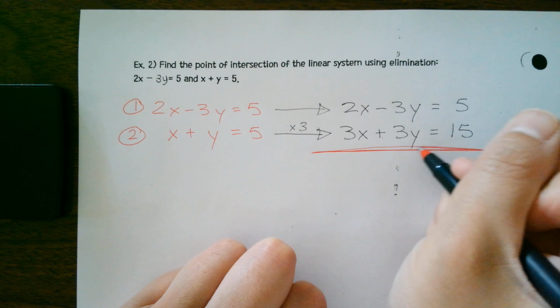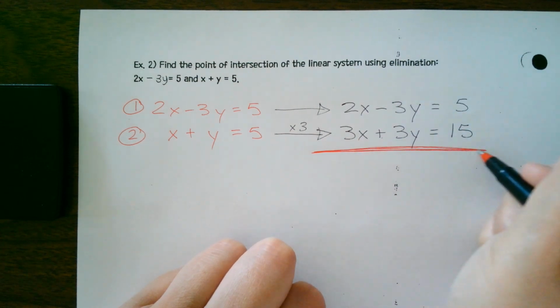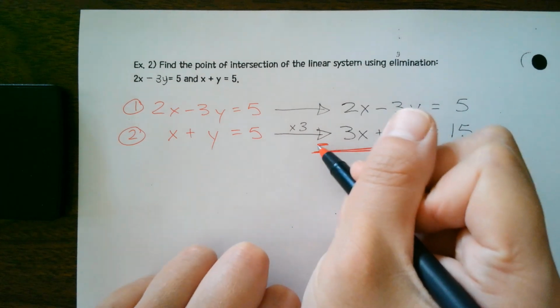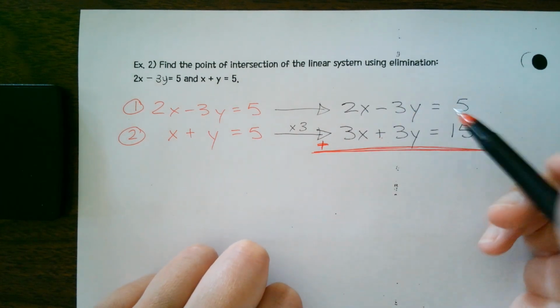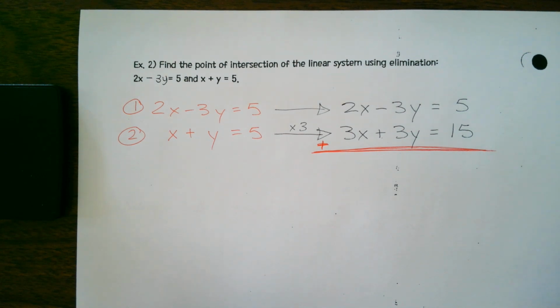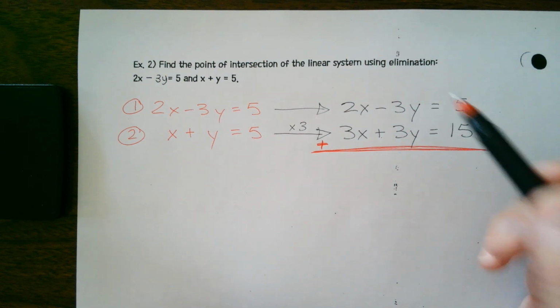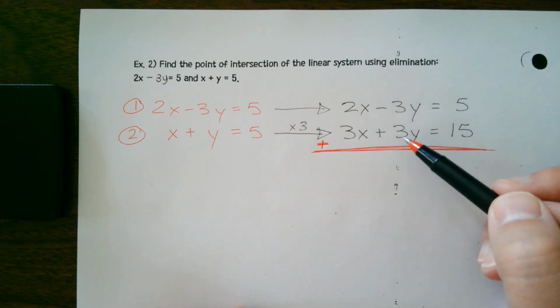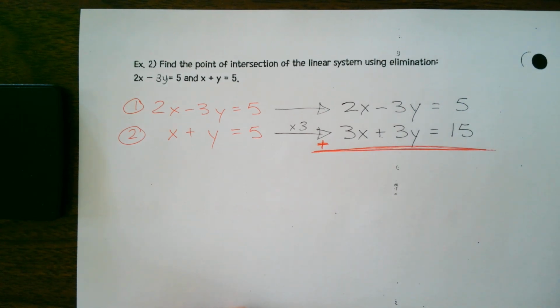So can I add or subtract to eliminate the y's? Yeah. By adding. That's right. If I add the two equations, I can get rid of the y. So technically, it doesn't have to be exactly the same coefficient, but as long as the number is the same, we can get rid of it.